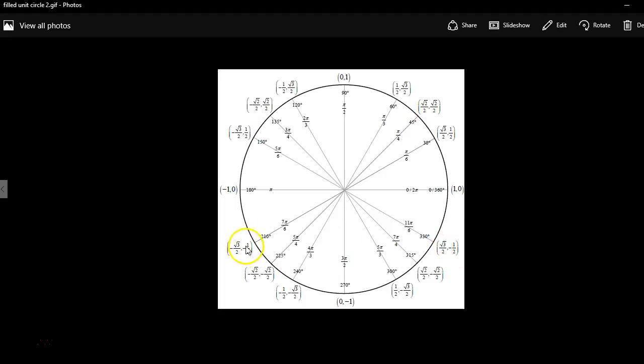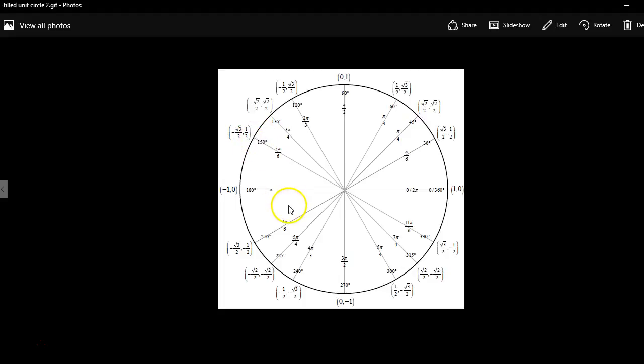And here too it's equal to negative 1/2. So if you just look at y equal to 1/2, there are only two places: this angle pi over 6 as well as this angle, which is 5 pi over 6. In other words, there are only two angles for which sine x is equal to 1/2 in the unit circle, and those are pi over 6 and 5 pi over 6.